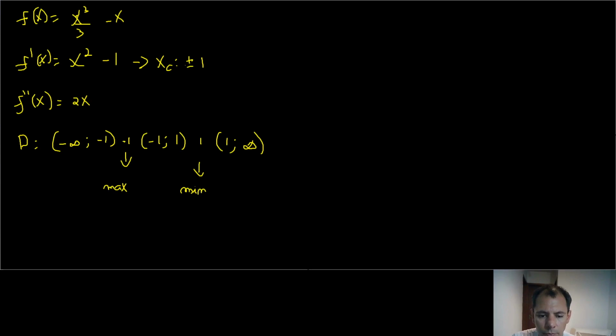All right. Let's see what else we can think about this. Let's pick a number from this interval here, inside this interval, let's see, minus 2. So minus 2 times 2 in the second derivative is going to be equal to minus 4. So the second derivative is negative. That means the concavity is down.